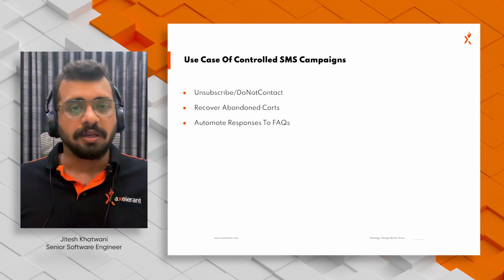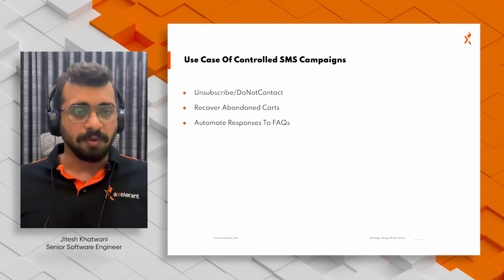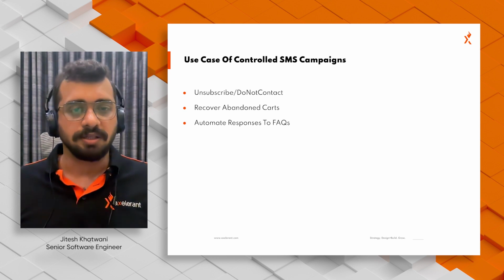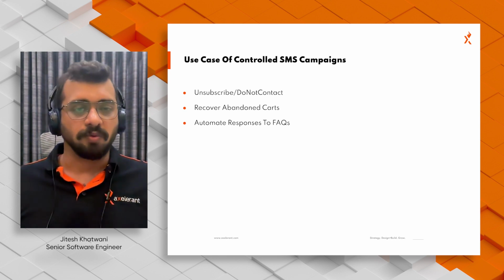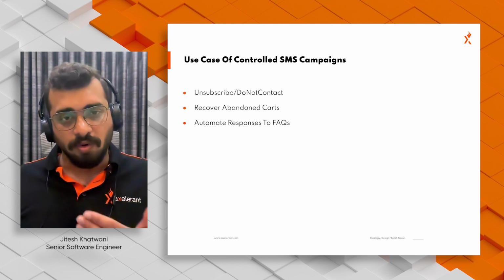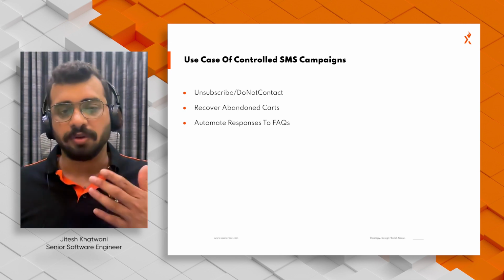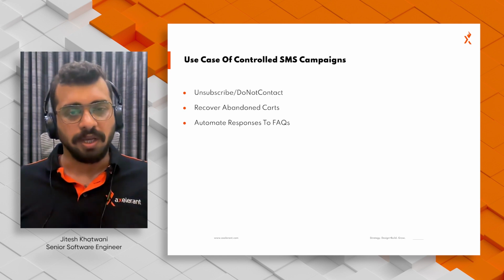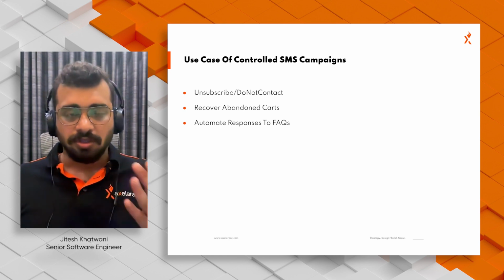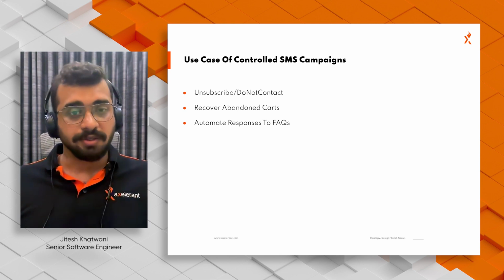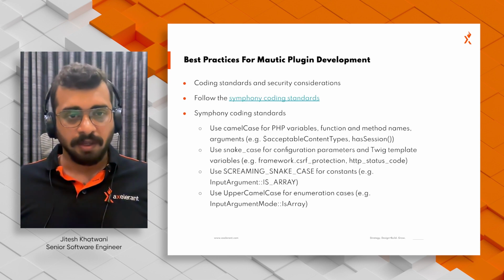If they haven't understood the process, how to use the application, they can simply reply back with the query. And as soon as Mautic receives that particular message, you can send an automated response for that particular FAQ query. So this is how you can use this Autoresponse plugin for automated responses to FAQs.